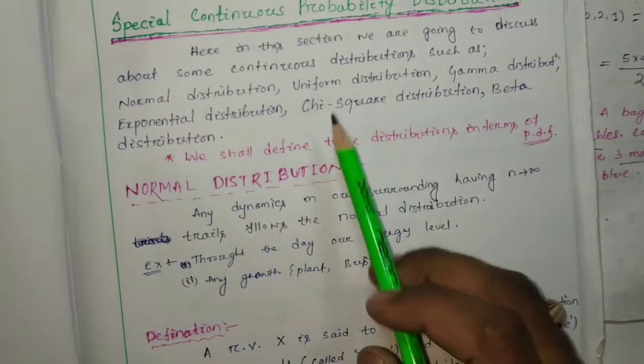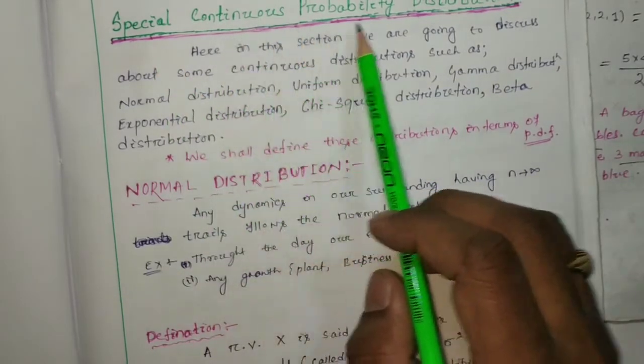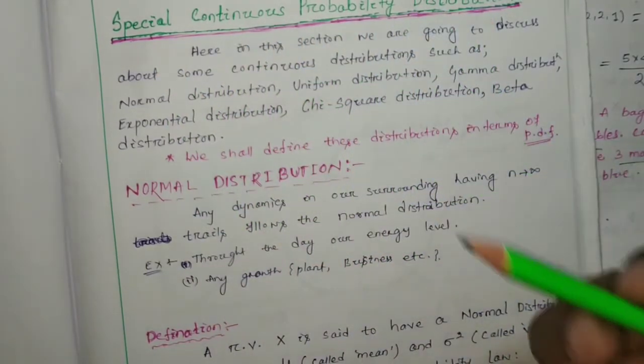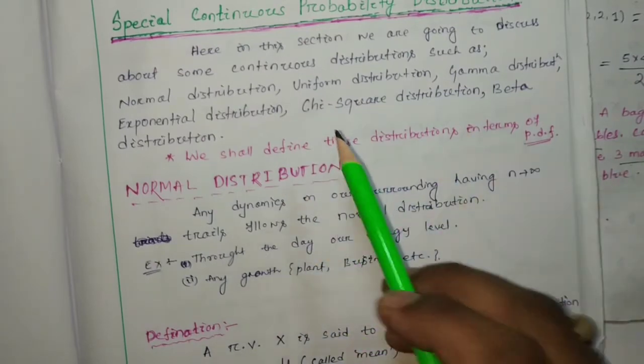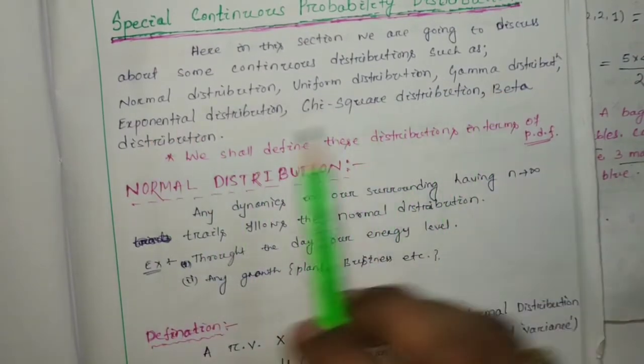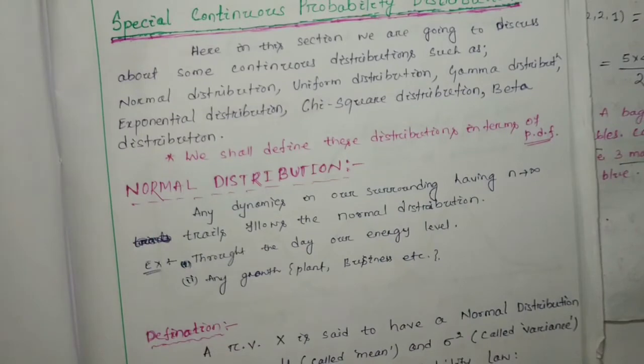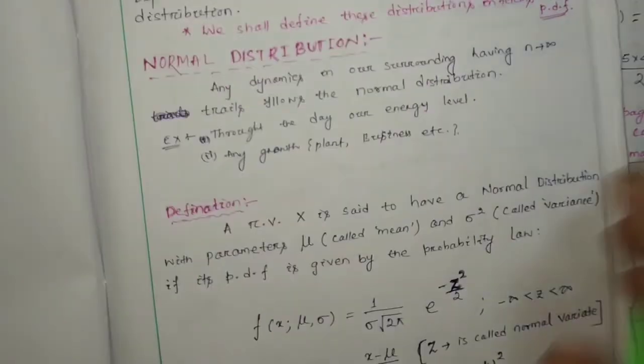And next we start to discuss special continuous probability distributions. In continuous probability distributions, as per your syllabus, we have normal, uniform, gamma, exponential, chi-square, and beta distributions. So we will start with the normal distribution.